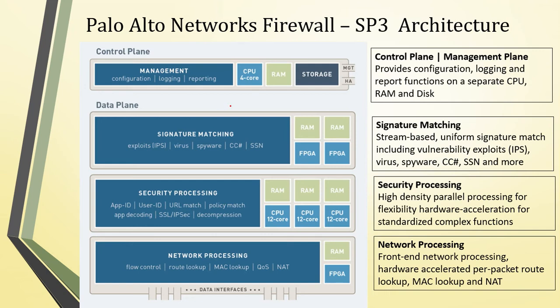Now, to better understand the SP3 architecture, let's look at this particular picture. I'm taking an example of the PA3220 firewall. Now there is the control plane and the data plane. Here is the CPU. There are two different CPUs.